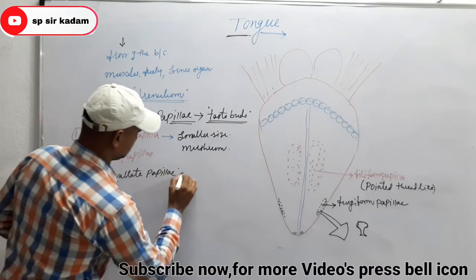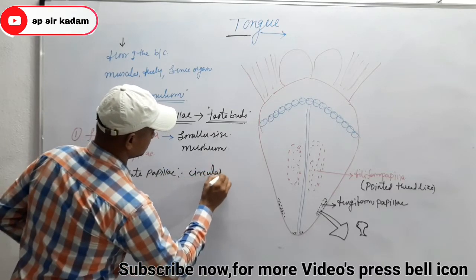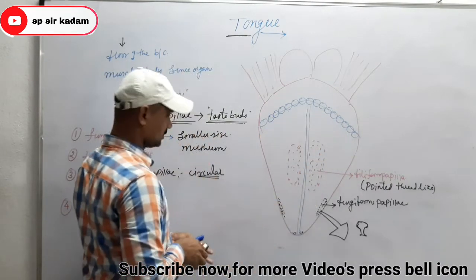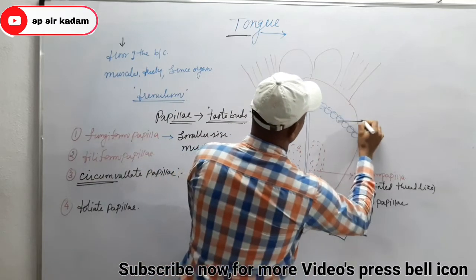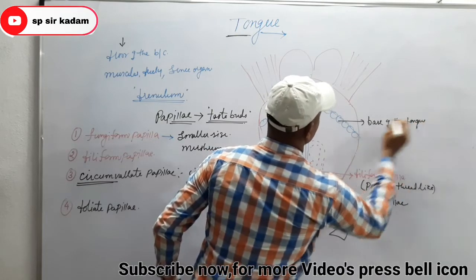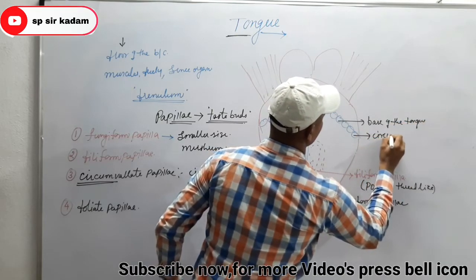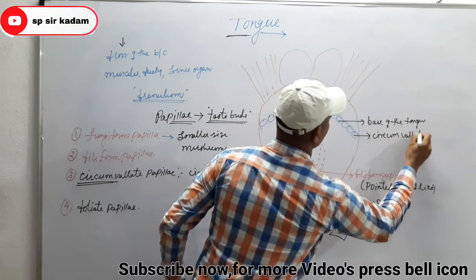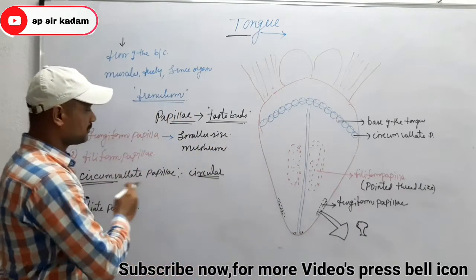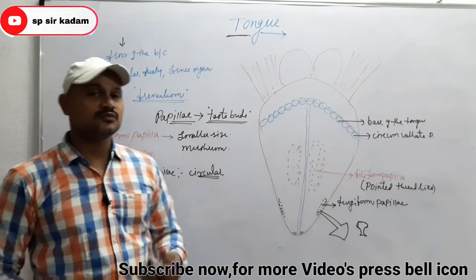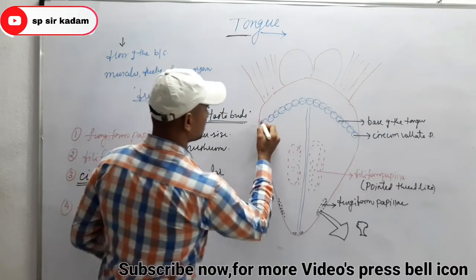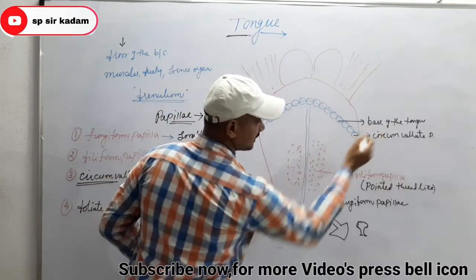Circular shape. Where are they arranged?